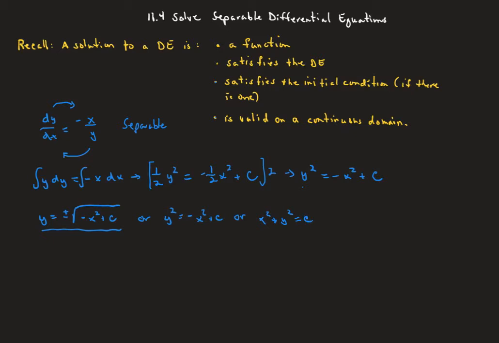So any of those three versions would be acceptable for what we will call the general solution. So it still has that unknown constant c in there. So you can kind of see, from that third version, what we're really looking at is a family of circles centered at the origin with some unknown radius at this point.